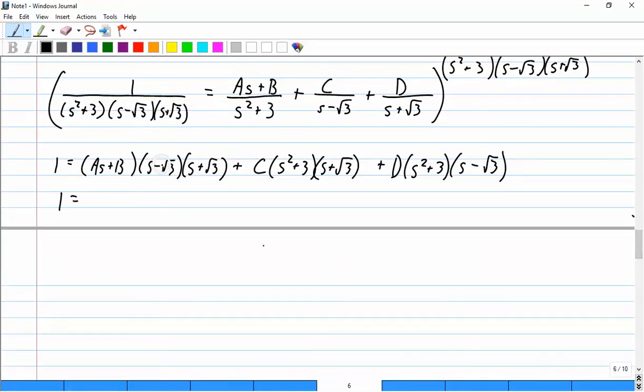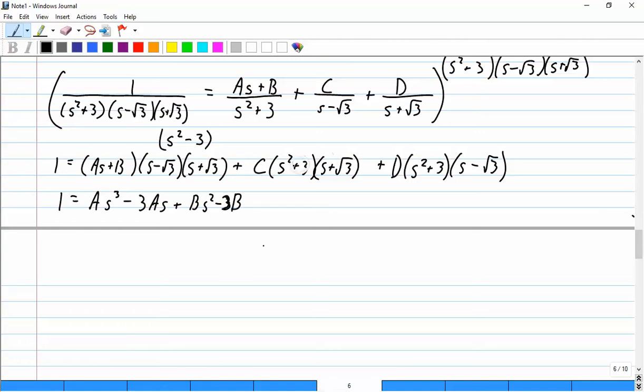All right, remember (s minus square root of 3) times (s plus square root of 3) is s squared minus 3. And I say that's important because I'll just multiply that times As plus B. So that'll be As cubed minus 3As plus Bs squared minus 3B.